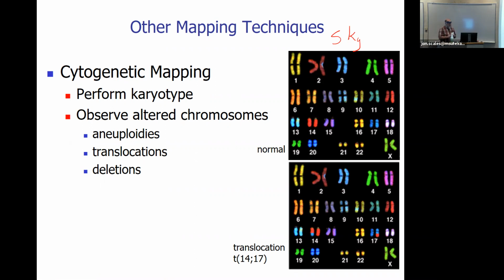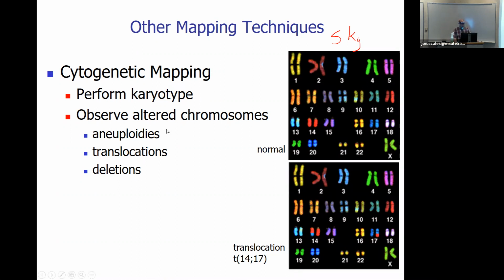So with this kind of analysis, you can do what we call cytogenetic mapping. You can look for problems where the chromosomes have rearranged, or maybe they're missing or something like that, and you can sort of correlate that with a disease or a condition, right?